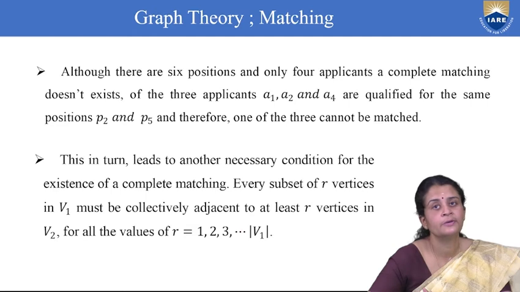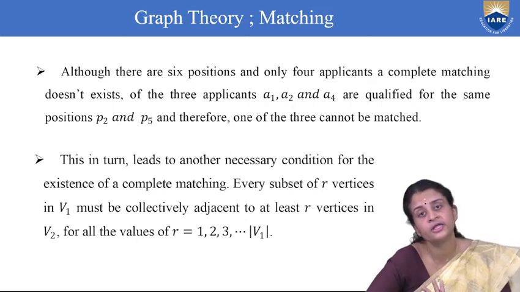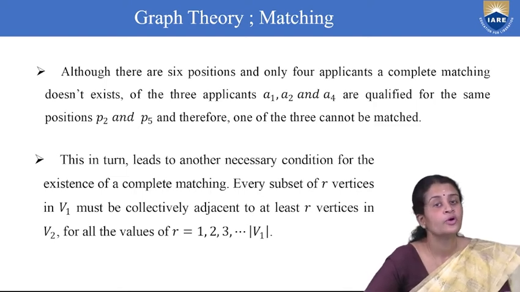So although there are 6 positions, can I take A1, A2 and A4? No, because only 2 can be placed. Why? Because all three are qualified to fill only the 2 positions P2 or P5. So I can take only 2 people, and therefore one cannot be matched.